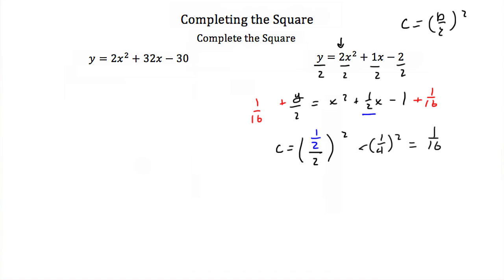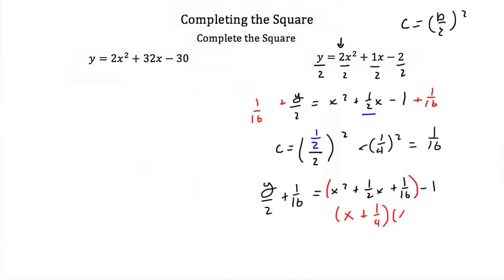And if we do that, we get y over 2 plus 1/16 is equal to x squared plus 1/2 x plus 1/16 minus 1. This here is our perfect square trinomial. This will factor into an x plus 1/4 times an x plus 1/4, or (x plus 1/4) squared.